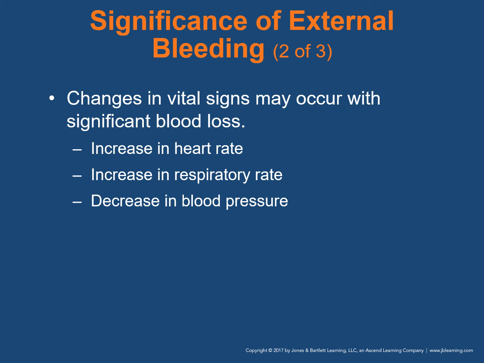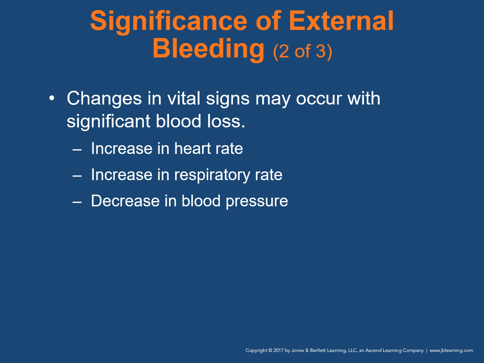And it's going to say, you know what? Maybe I'm just not breathing enough, taking in enough oxygen. So let's do that more. And then we're going to see a decrease in the blood pressure, because as the autonomic nervous system believes there's a need for more, it's going to widen that blood vessel to try to let more blood flow at once. So we'll see, again, increase in heart rate, increase in respiratory rate, and a decrease in the blood pressure with significant blood loss.